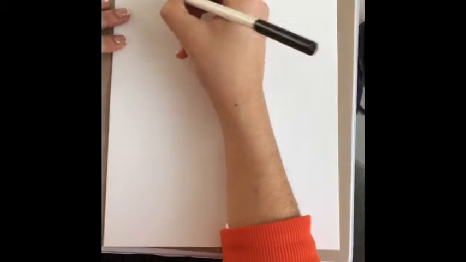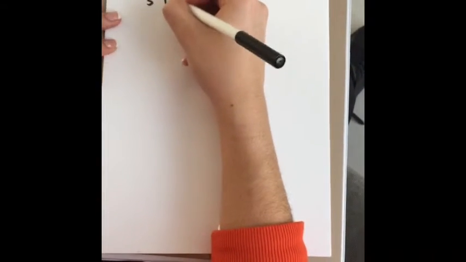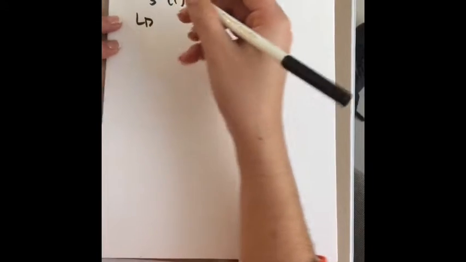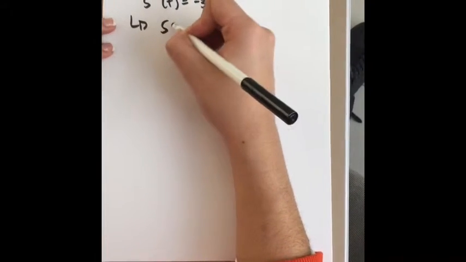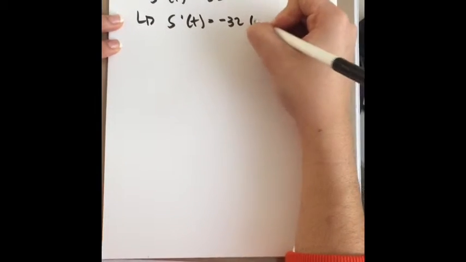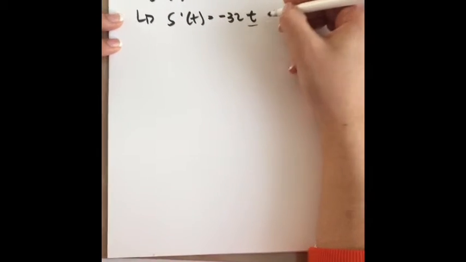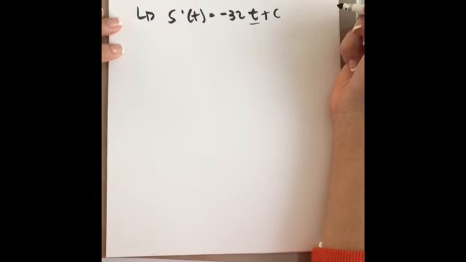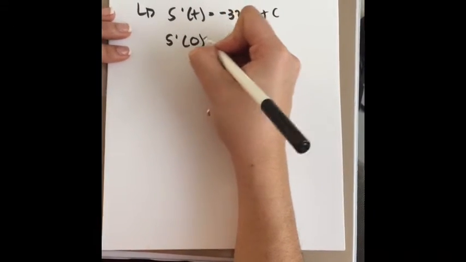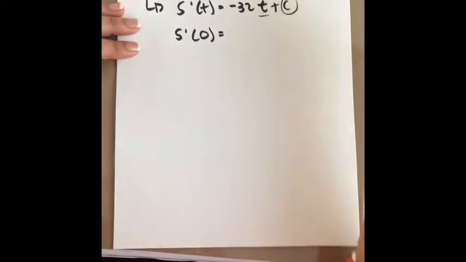To get our formula, first we have to know that our second derivative, which is acceleration, is minus 32. So what we need to do is integrate to get the first derivative, which is minus 32 t, where t is time, plus c, the constant. Then we substitute the initial velocity at 0 to get our c.